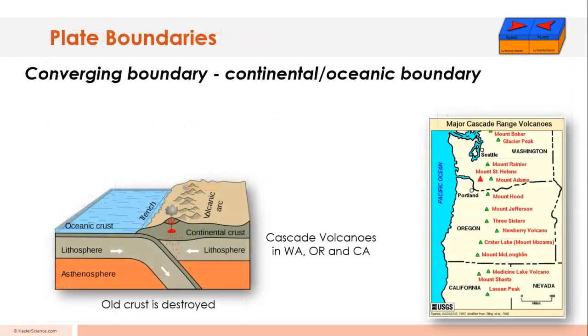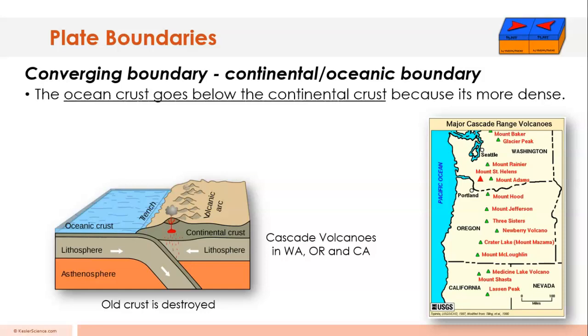All right, next we're going to take a look at when you have a continental plate and an oceanic plate meeting and converging together. We talked about the oceanic crust when we talked about the layers of the Earth, and we originally started talking about plates and the crust.